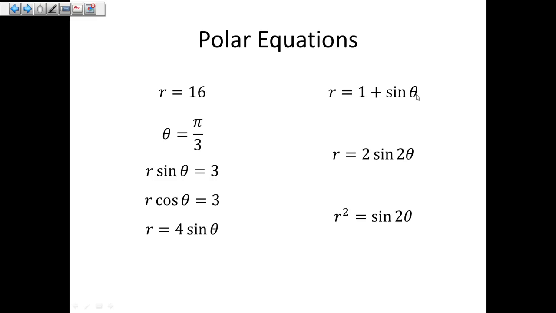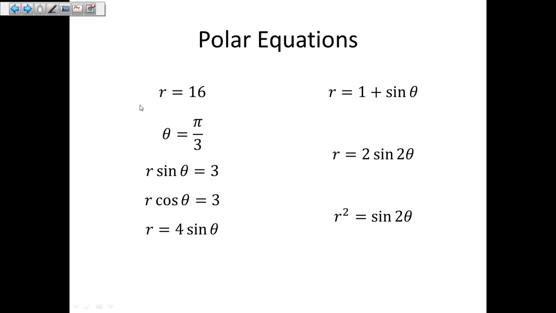Now these aren't really functions in the truest sense, but you're going to treat theta like the x variable. It's the independent variable. You plug in for theta and find out what r is, just like you plug in x and find the y value, and then you graph from there by plotting points.